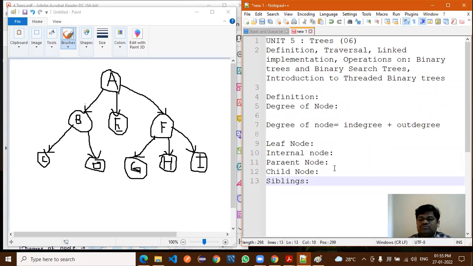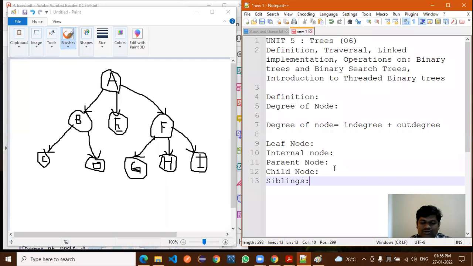The nodes having the same parent node. Good. The nodes having the same parent are called siblings. Now here, you can consider B, E, F as siblings. Siblings means brother, sister, like this. Those who have the same parents, right?